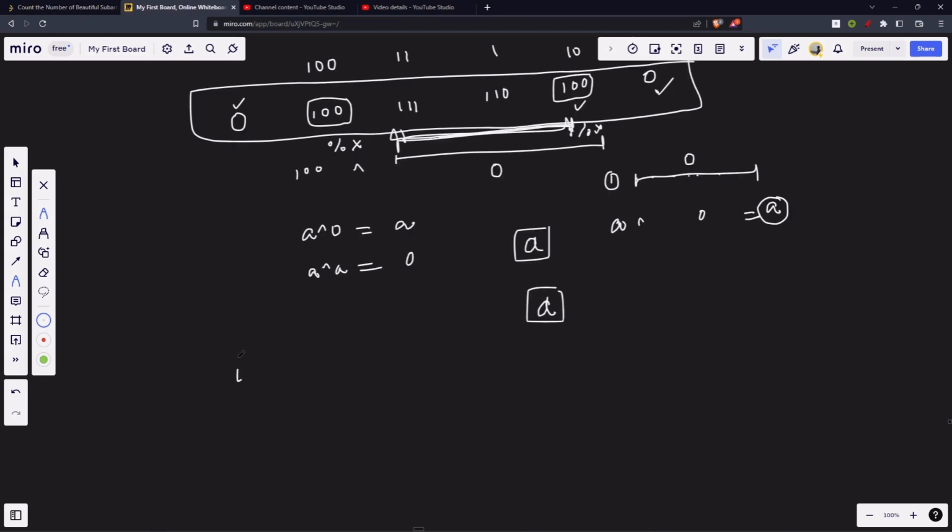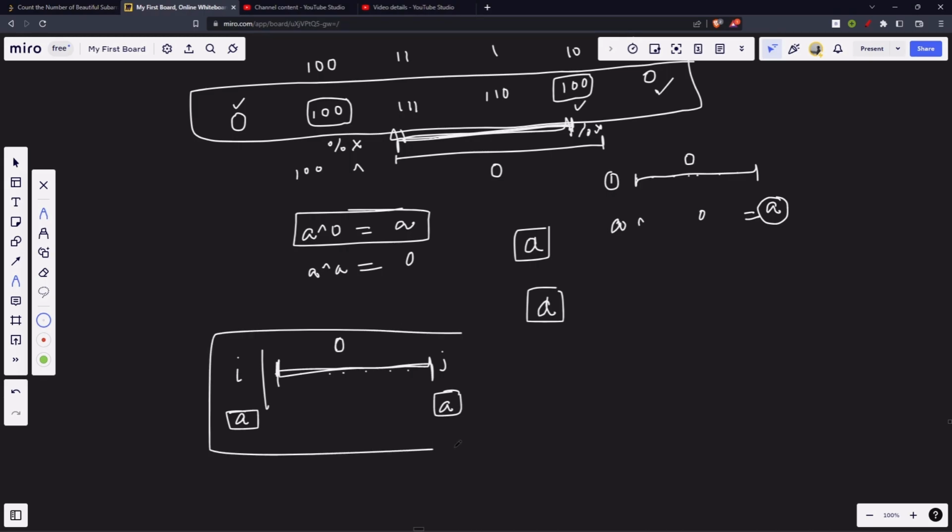If at an index I we are getting A, and after doing a few prefix XORs at a few indices, at another position we get the same XOR result, then that means this subarray after position I gave us a XOR of 0. That's why we are getting the same number, because look at the rule, isn't it? So that is what our logic is.